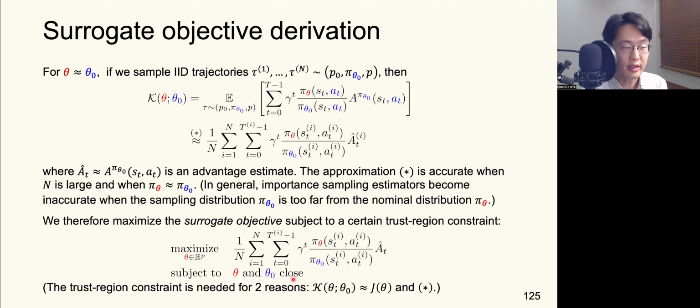To clarify again, this trust region constraint is needed for two reasons. One is that the surrogate objective by its derivation is only meant to approximate J well when theta is close to theta 0, and also because of the discussion of this, right? This can only be accurate when the sampling distribution pi theta 0 is sufficiently close to the nominal distribution pi theta.